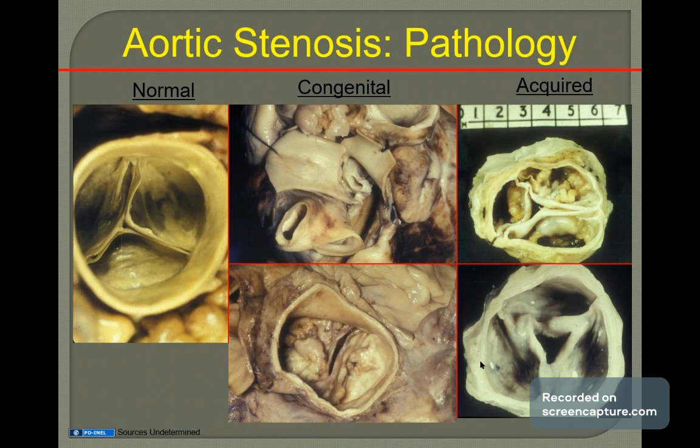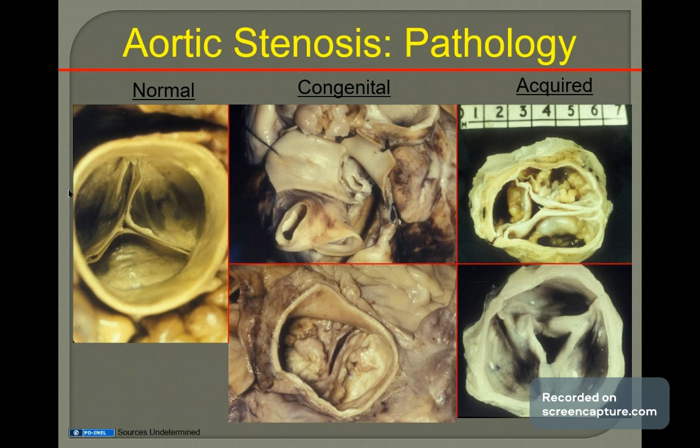Remember that above the valve you see the sinus of Valsalva. Here, the sinuses of Valsalva are two, one on the right anterior and the second on the left anterior, which give the branches of the coronary.